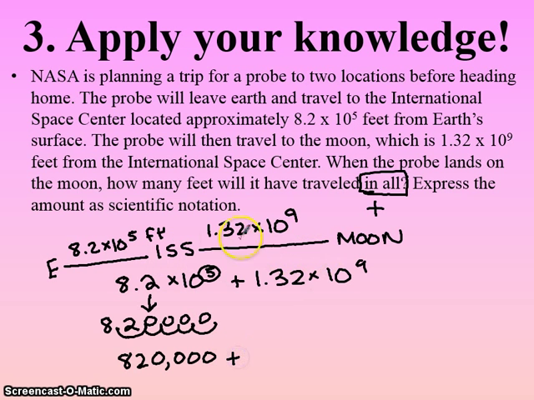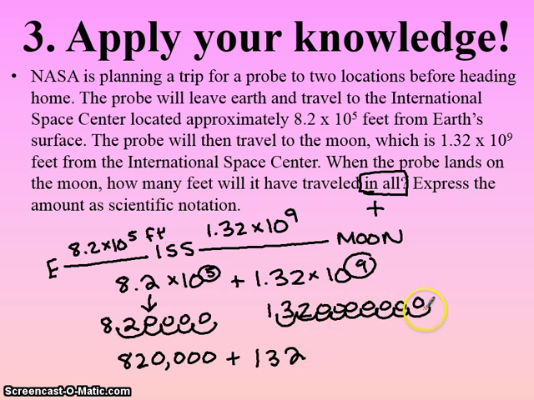And we can add the distance from the Space Center to the Moon. Write down 1.32, and we're going to move the decimal 9 place values larger. So 1, 2, 3, 4, 5, 6, 7, 8, 9. So we have 1, 3, 2, and I counted as I put the zeros in, 7 of them. 1, 2, 3, 4, 5, 6, 7.